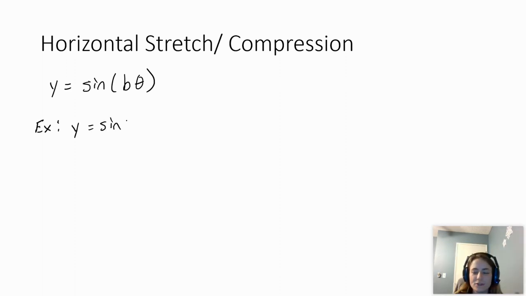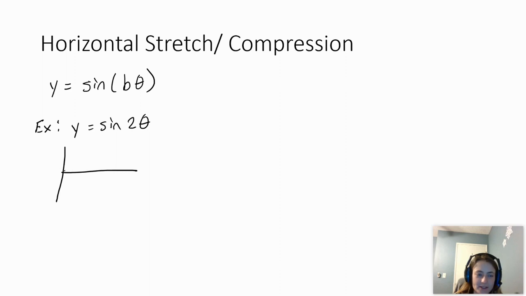Say b was 2. We want to look at y is sine of 2 theta. What we saw earlier on GeoGebra, so 2 is greater than 1, it's going to compress the sine graph horizontally.